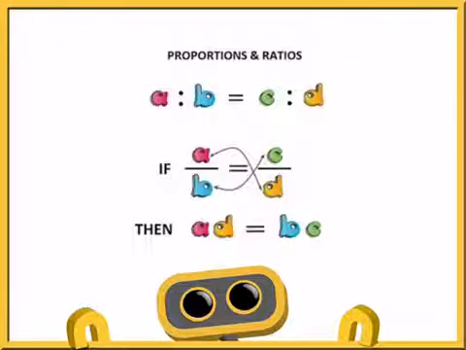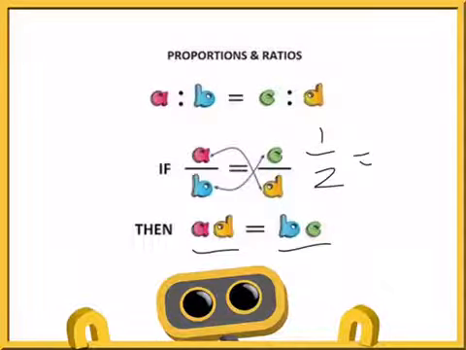So when we talk about proportions, the math behind proportions is in this image right here. If you had A compared to B, and the equivalent ratio would be C compared to D, if I was to write them in a fraction, then that would mean that A times D would be equal to B times C. If you don't believe me, let's try one. 1 to 2, our ratio 1 to 2, we're saying is equal to 4 pieces out of every 8 pieces.